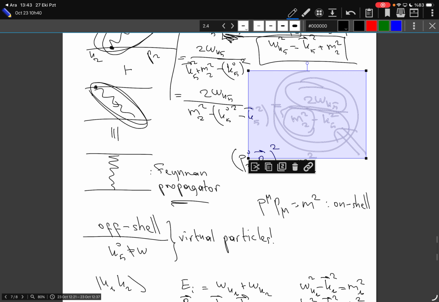By the way, up to this point, when we have this intermediate state of one kind of particle and one type 2 particle, the energy-momentum relationship is always that the energy is equal to the momentum squared plus the mass squared for all of them. Whether it's the intermediate state or the external states, everything has energy equal to its 3-momentum squared plus its mass squared.